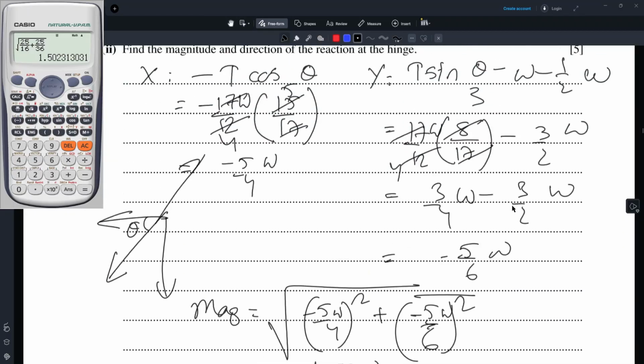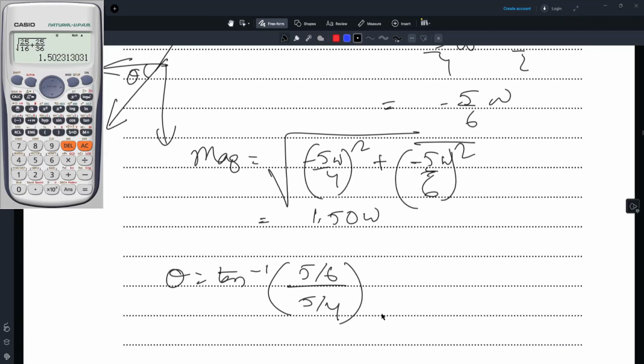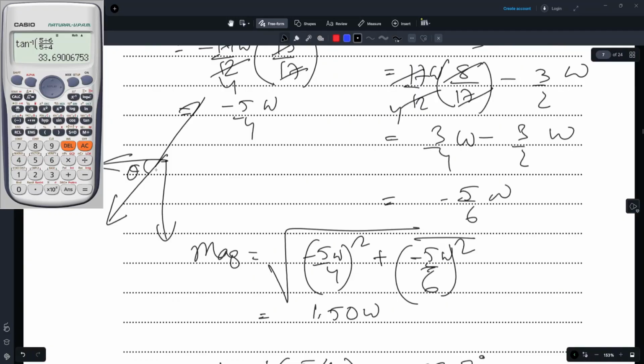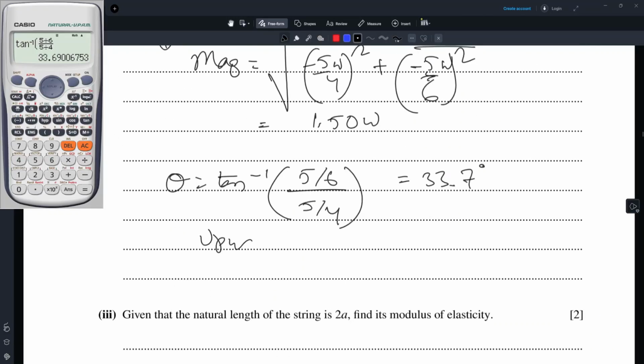Let me check. 5 by 6 by 5 by 4. 33.7 degrees. Now this is from here to here, but I want it upwards. So it's going to be upwards 33.7 degrees from horizontal.